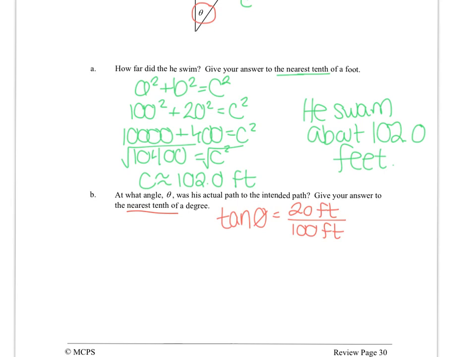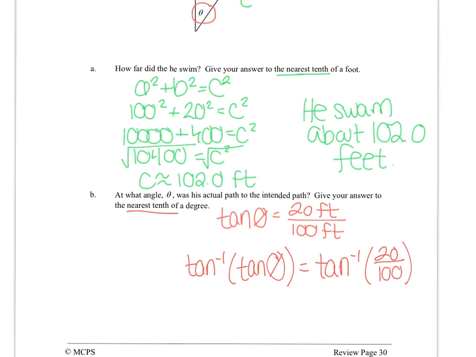So in order to find theta and get it by itself, I have to take the inverse of this function. So I'm going to take the inverse tangent of theta, and what I do on one side, I have to do on the other. Inverse of tangent and tangent of theta right here, they cancel out.